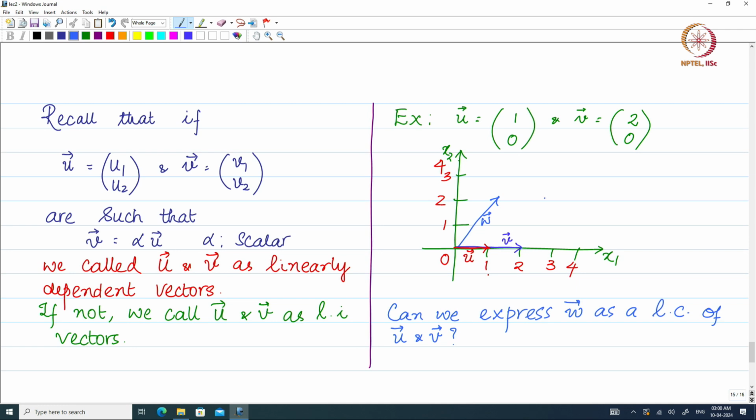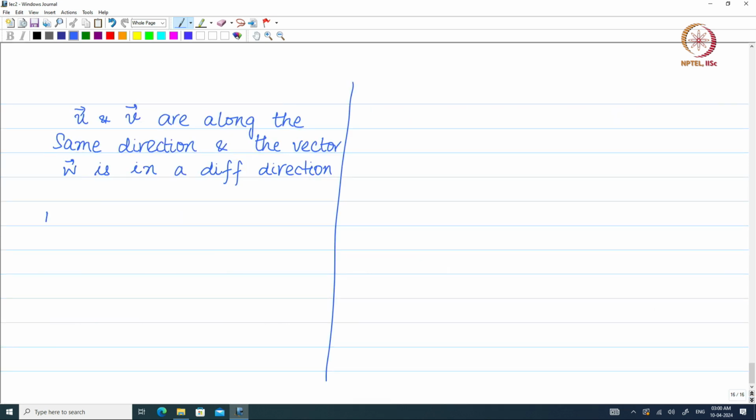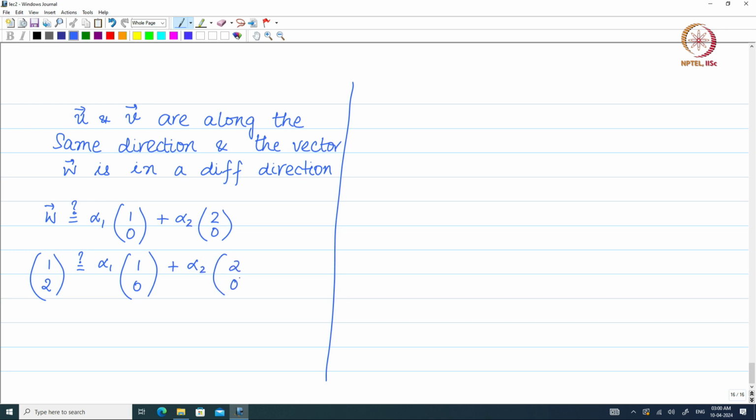So, what are the vectors that we wanted? We want w is equal to 1 2. So, the question is, can w be written as alpha 1 into 1 0 plus alpha 2 into 2 0? We are going to see whether we can write this as alpha 1 into 1 0 plus alpha 2 into 2 0.